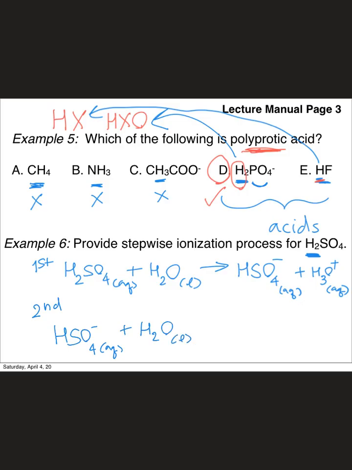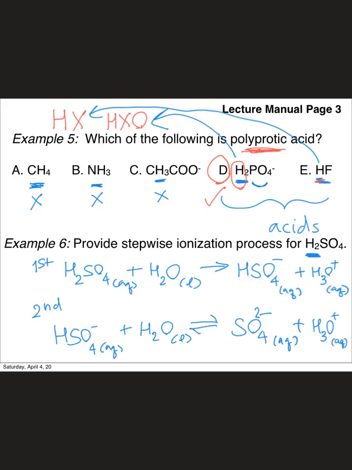And because hydrogen sulfate ion is not a strong acid, the arrow that we're going to use is a reversible arrow with 2 heads, and the product from this would be sulfate ion, because hydrogen sulfate losing a proton, which is one positive charge, is going to gain one more negative charge, right? So it's going to become sulfate 2 minus, and the other species would be hydronium ion.